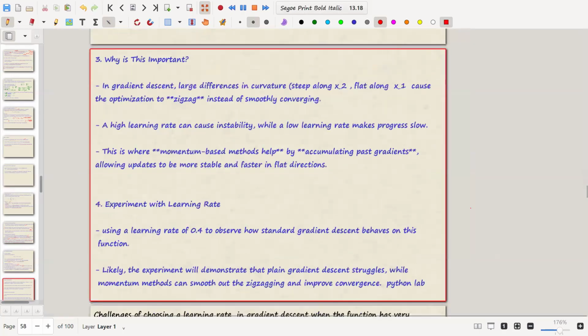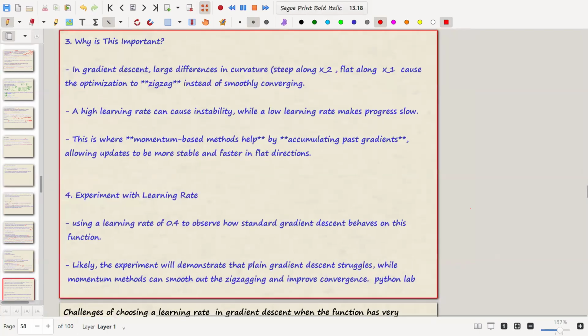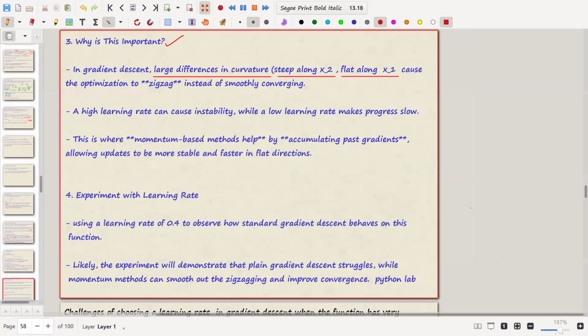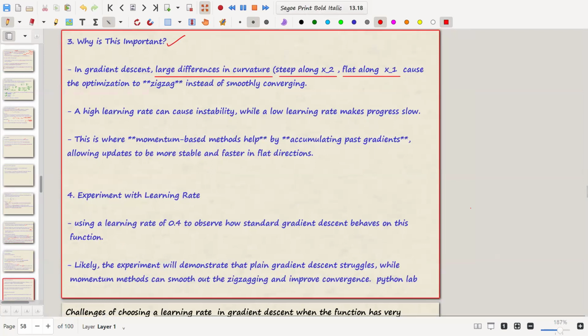So we'll see. Why is this important? Because for gradient descent, there are large differences in curvature, that is, steep along x2 and flat along x1. You can remember that it is flat along x1 and steep along x2. This causes the optimization to zigzag. Gradient descent will do like this, here, then again come here, again come here.